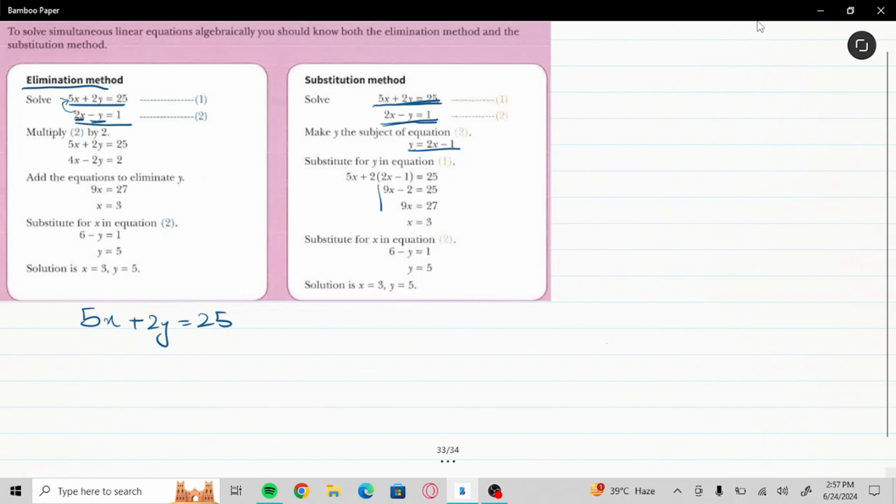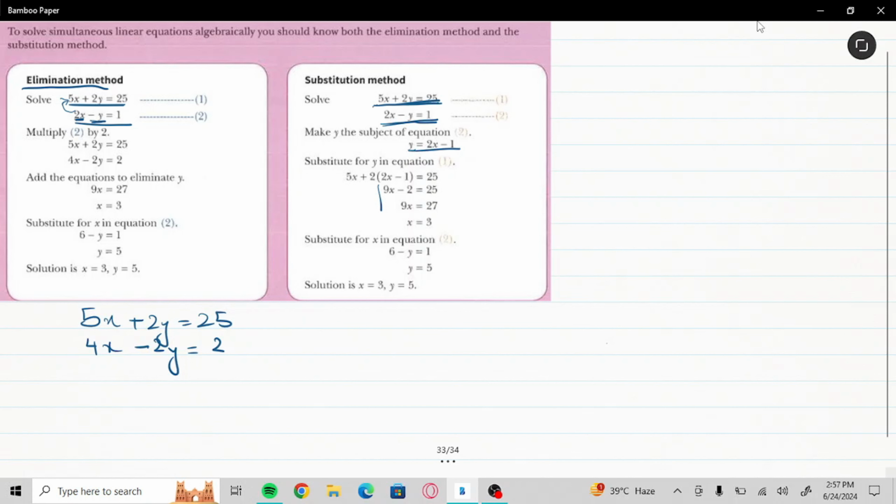We have to multiply the whole equation, because to make this minus 2y we have to multiply the whole equation by 2 to balance it. It can't be that we just add a 2 to one term. So 2 multiplied by 2x is 4x, minus 2y is equal to 2.